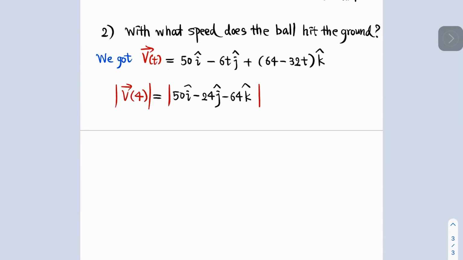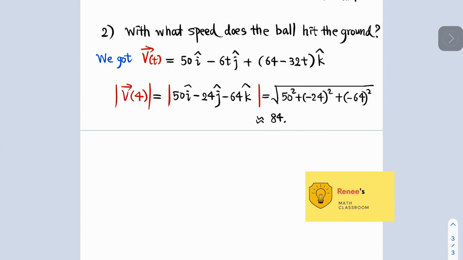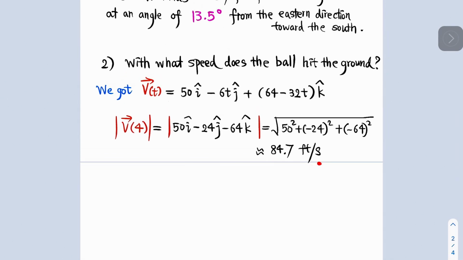The magnitude of this is the square root of 50 squared plus (-24) squared plus (-64) squared, which is about 84.7 feet per second. Remember, we are asked to round to one decimal place. That answers the second part of the question.